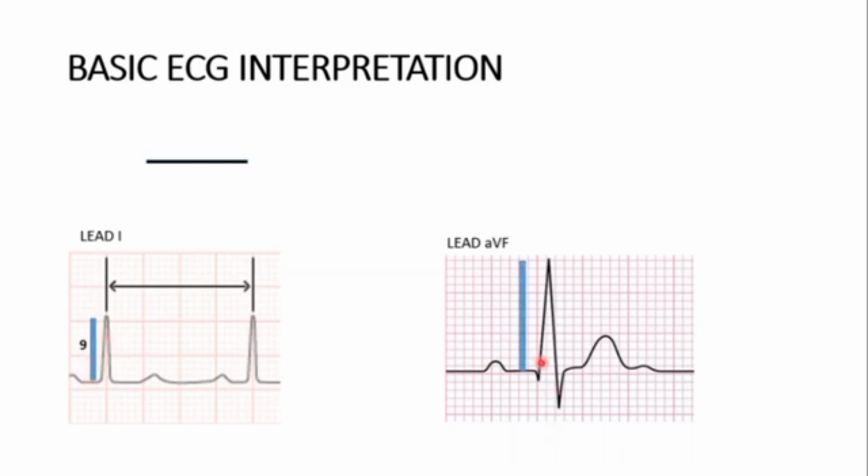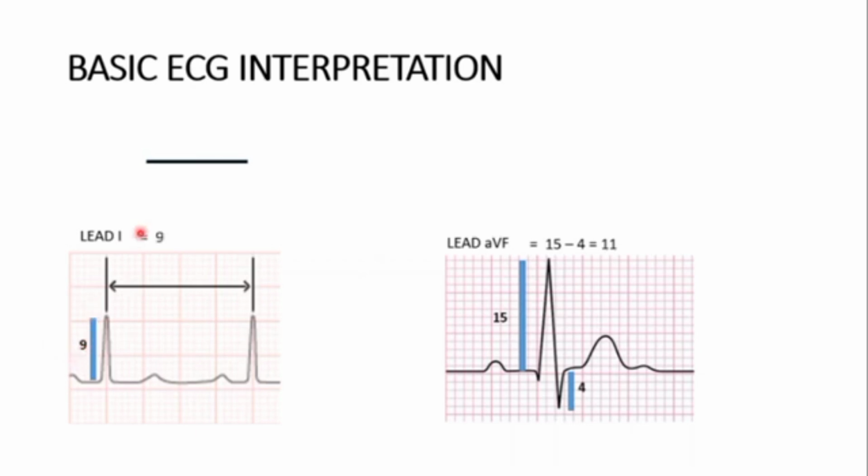Here, there are many small boxes in the upward direction, but few in the downward direction. In the upward direction there are 15 small boxes; on the lower side there are 4 small boxes. Subtract 15 minus 4. So the amplitude of lead aVF is 11 and the amplitude of lead 1 is 9.